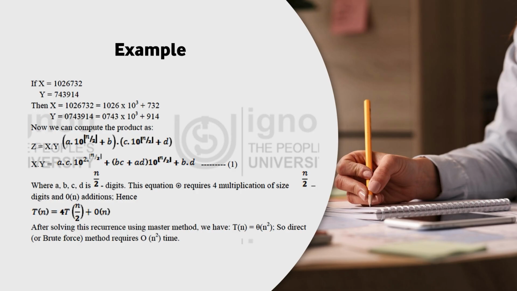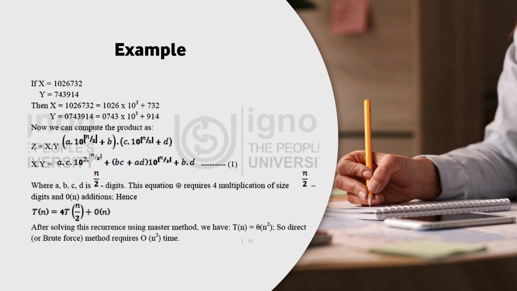Suppose there are 7 digits, the first part will have 4 digits and the second will have 3 digits.